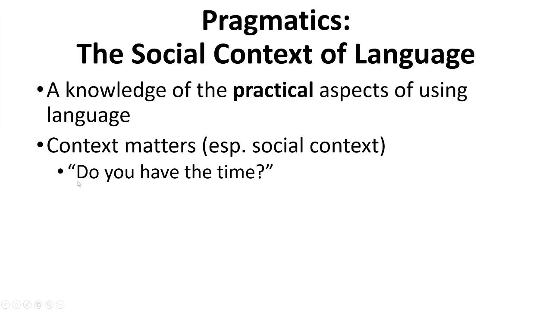But, being asked, do you have the time, in a different context, maybe it isn't someone stopping you on the side of the street and you immediately assume they're asking you what time it is. Maybe you come to someone in their office hours and you ask, do you have the time? Maybe you're asking, do you have the time to discuss this concept? Do you have the time to go for coffee?